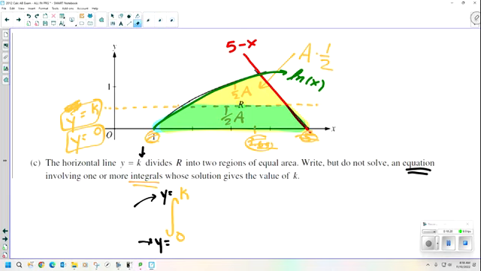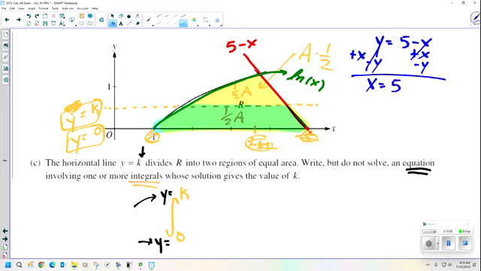We're going to change our equations so that they're x equals and our y is in the expression that's going to go into our integral. All right, let me go ahead and do this. If I got y equals 5 minus x, let's add x to this side and subtract y from this side. I got x equals 5 minus y. Okay, this is going to be the expression five minus y, okay?